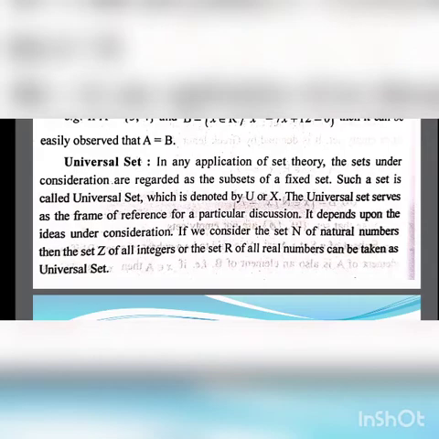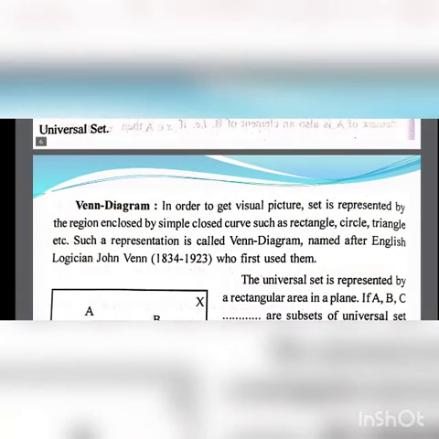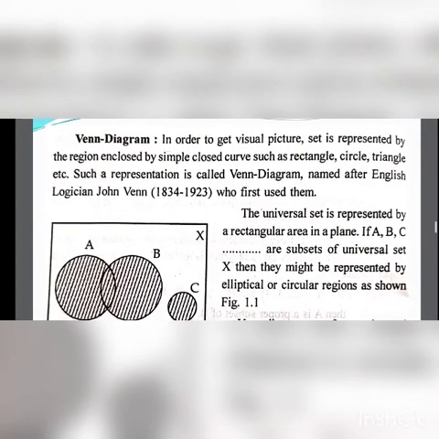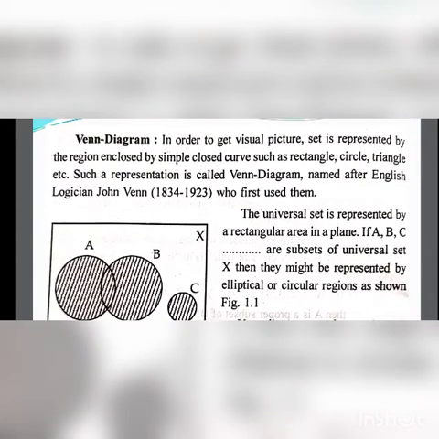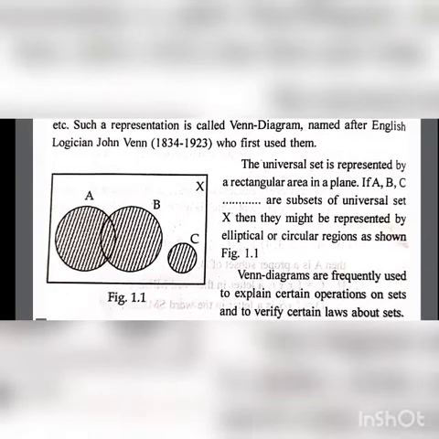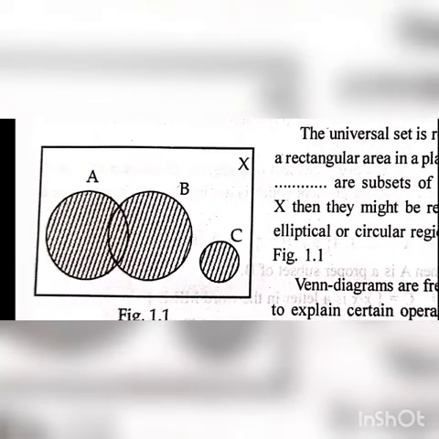So see, what is the Venn diagram? In order to get a visual picture, a set is represented by the region enclosed by simple closed curves such as a rectangle, circle, or triangle. Such a representation is called a Venn diagram. Okay, you can see the figure.